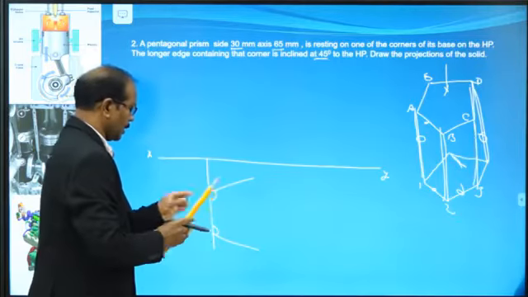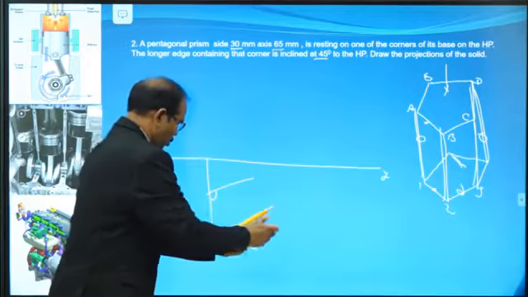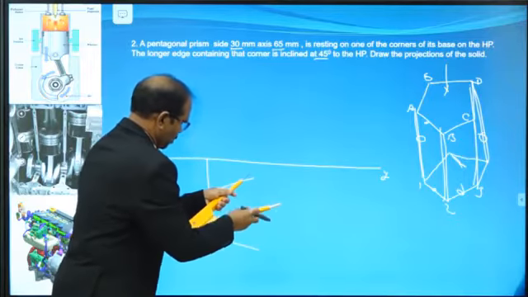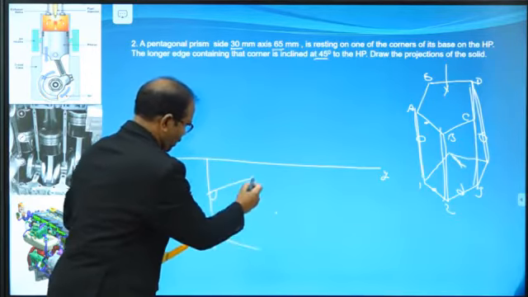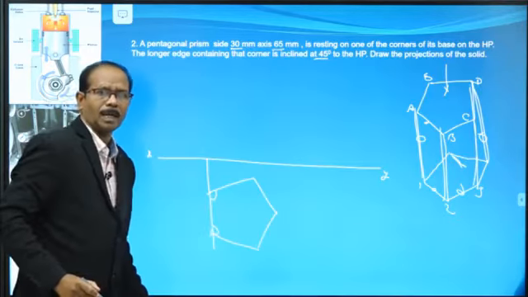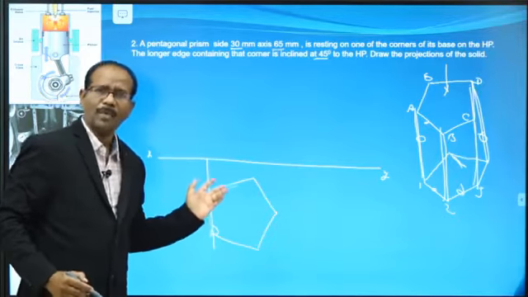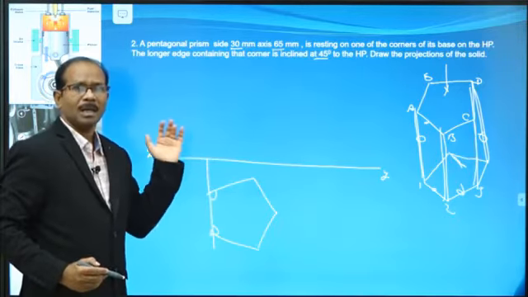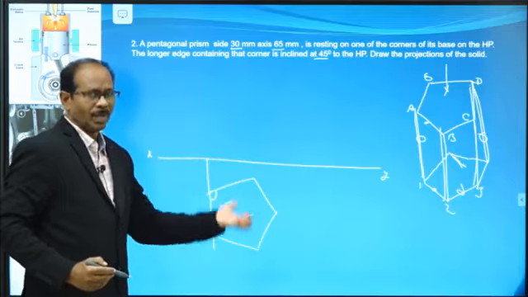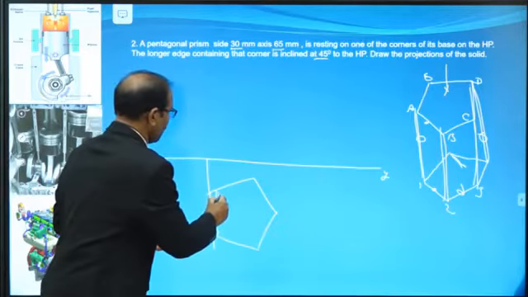Mark the required length from here to one point, from here to one more point, then draw. Now this is the required pentagon. This concept you know very well from the geometrical constructions worksheet. Quickly draw, applying the angle method, the 108 degrees concept.